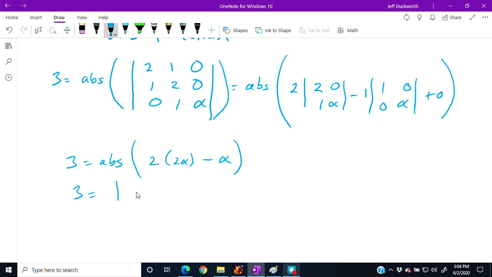We've got 4 alpha there, minus an alpha is 3 alpha, which means that alpha has to equal 1, because again, alpha is greater than 0. So that's the alpha for that, and that's part A.